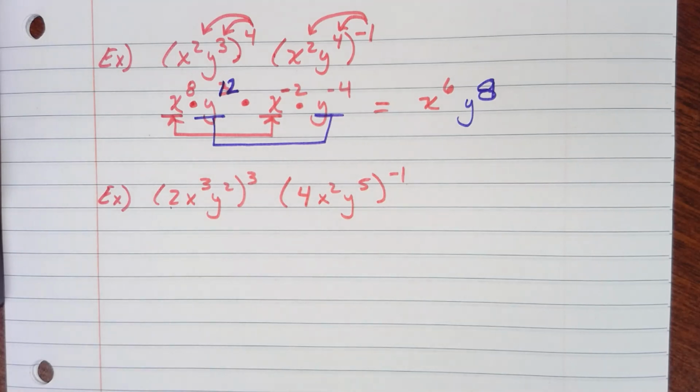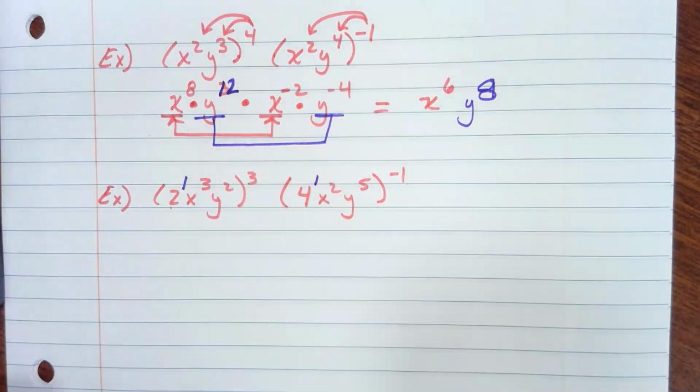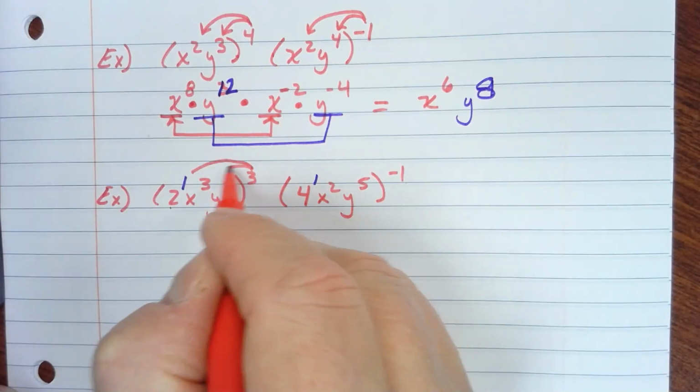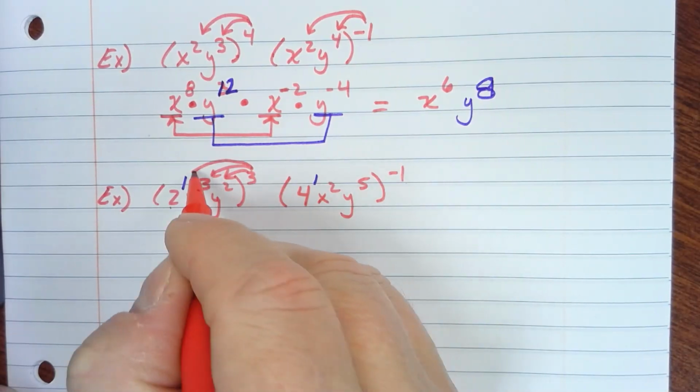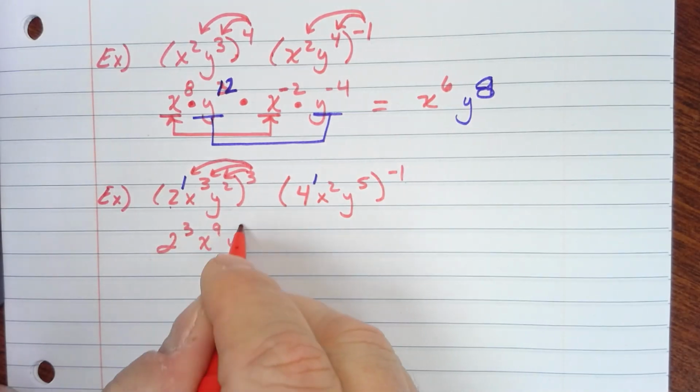And I also notice that I have not written in the 1 for their exponents. So I'm going to do that. This makes it easier for me when I multiply. I end up with 2 cubed, x to the 9th, y to the 6th.